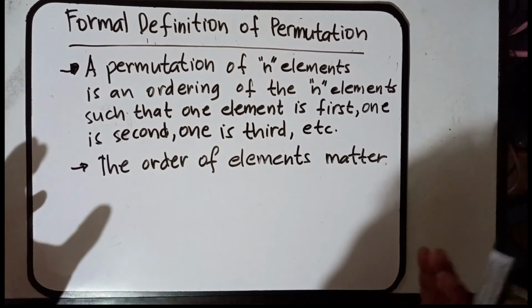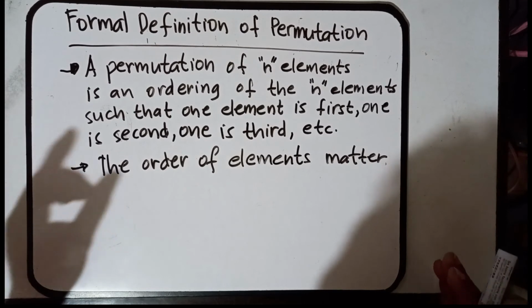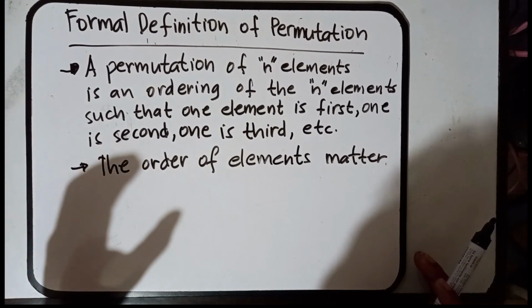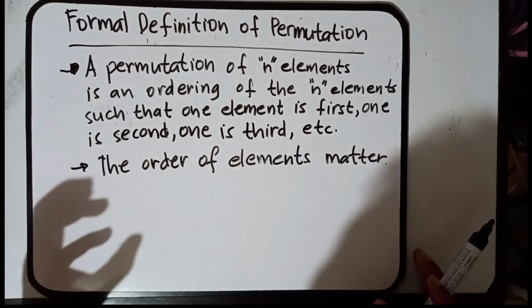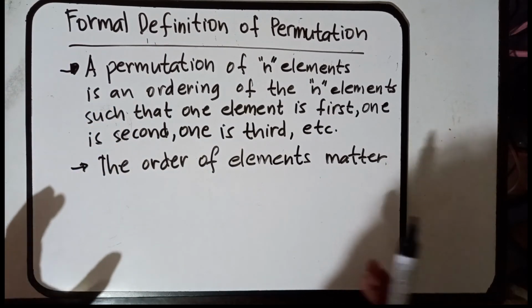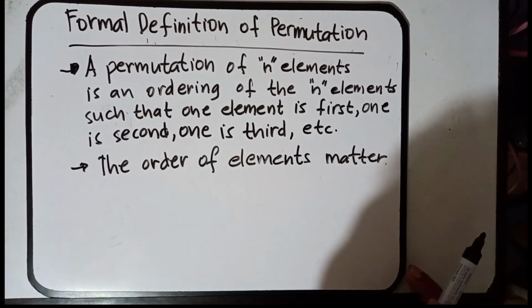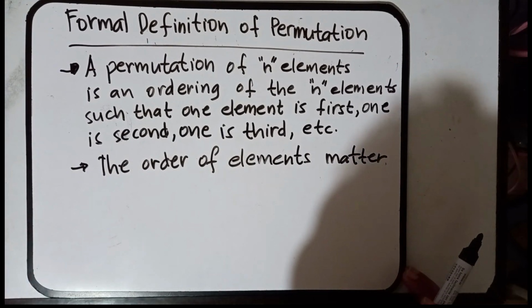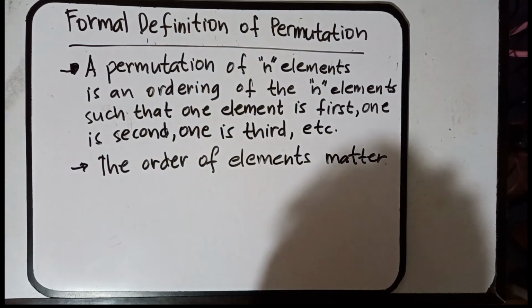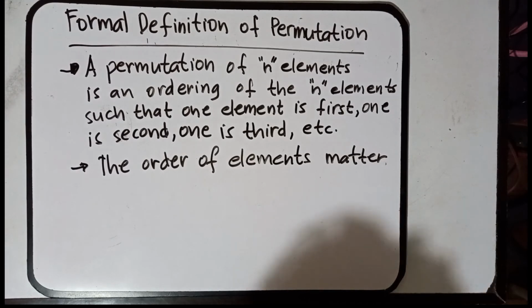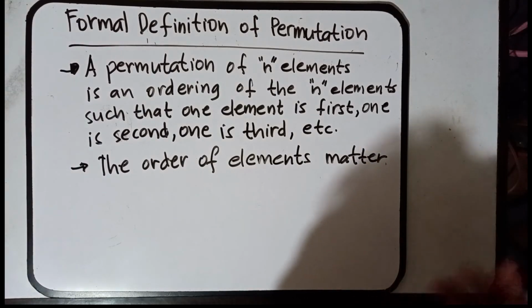Each order that you have is considered part of the permutation. And if you count the total orders that we get after accomplishing all the different ways of ordering the elements, that is now called the permutation. Since we now know the formal definition of permutation, it means that the order matters.